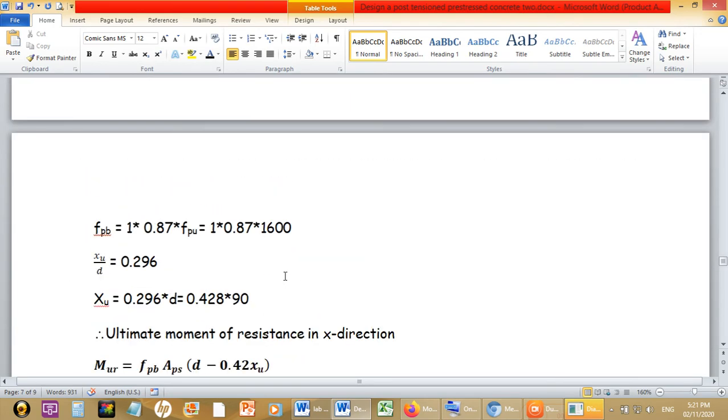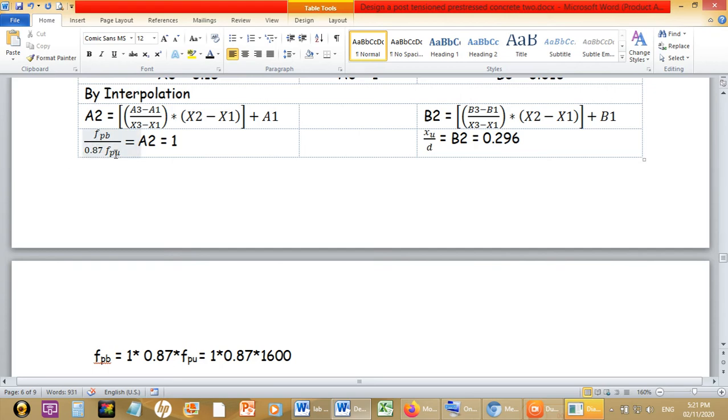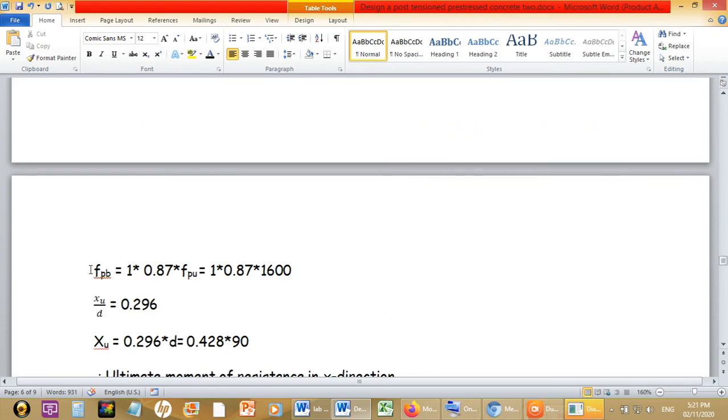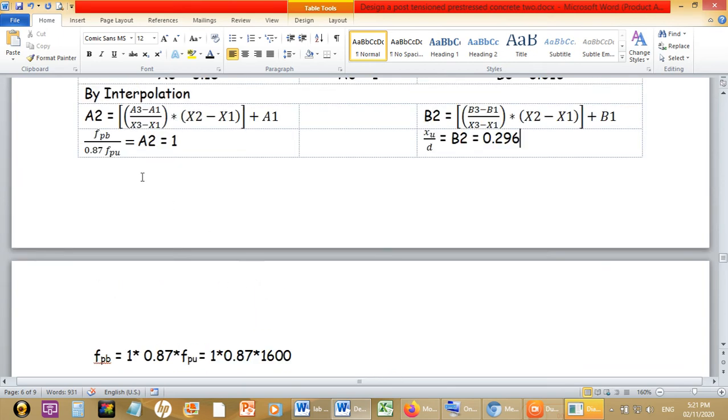How do we get that? We take this denominator term to the right-hand side so that we get the value of FPB. So 1 into 0.87 FPU.